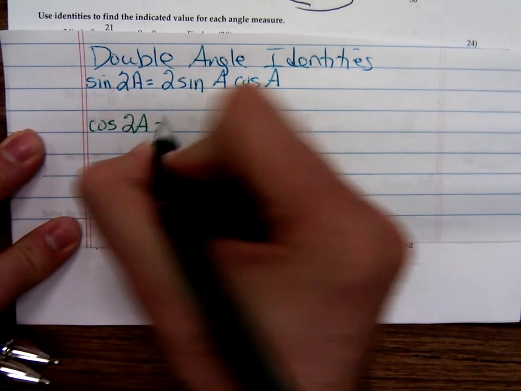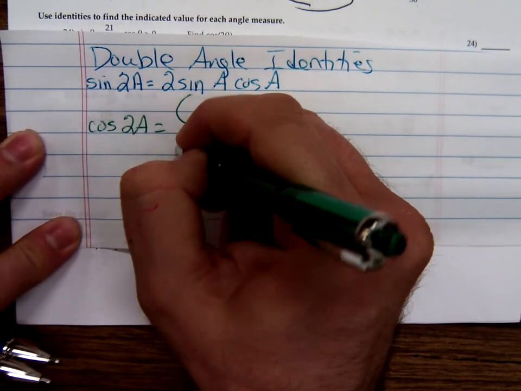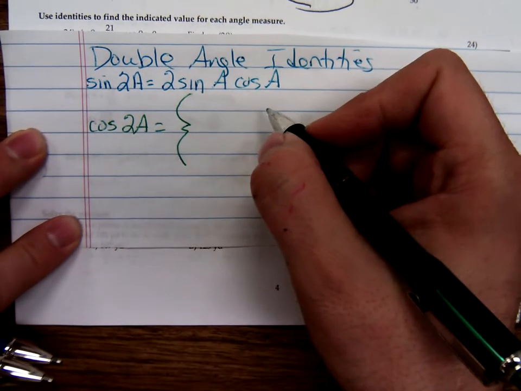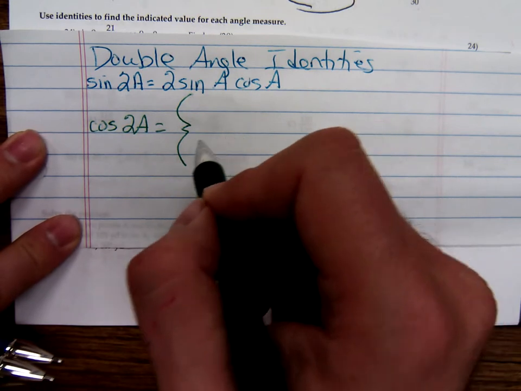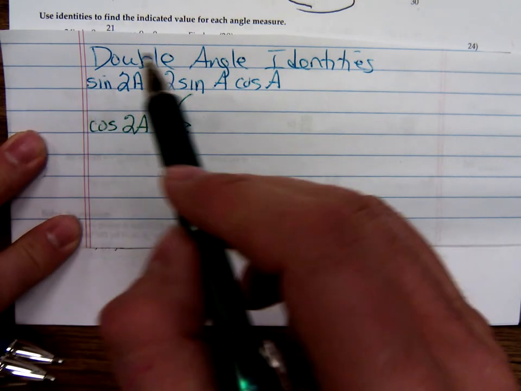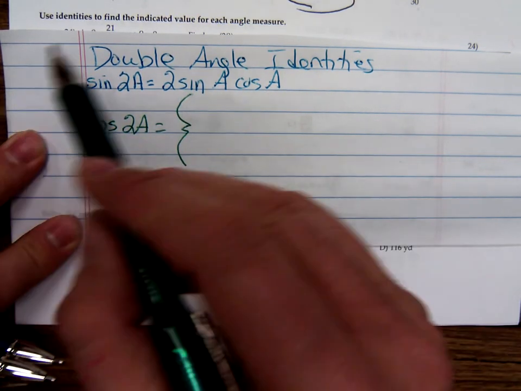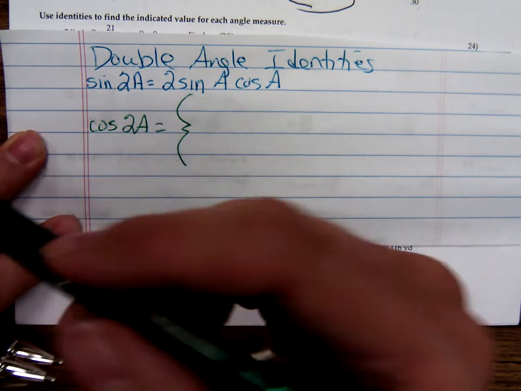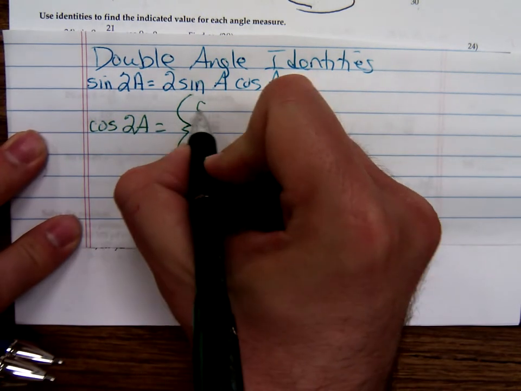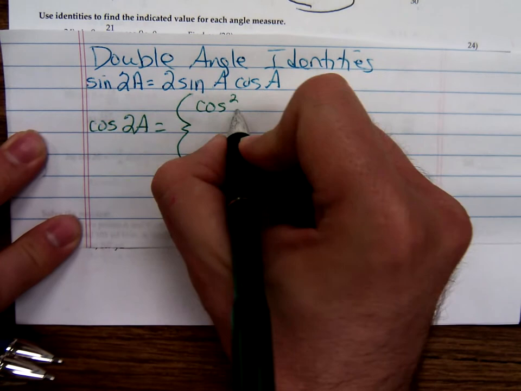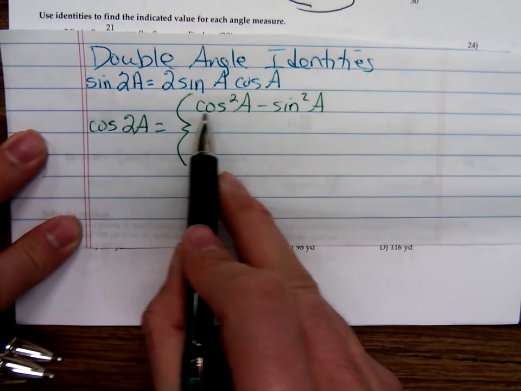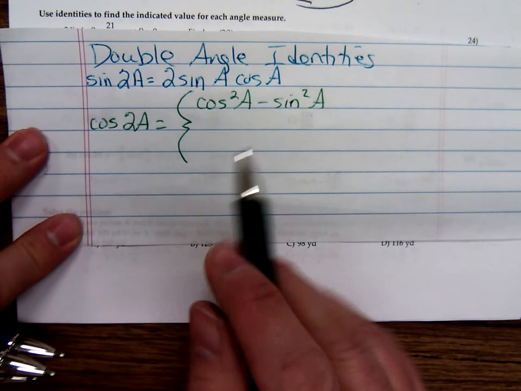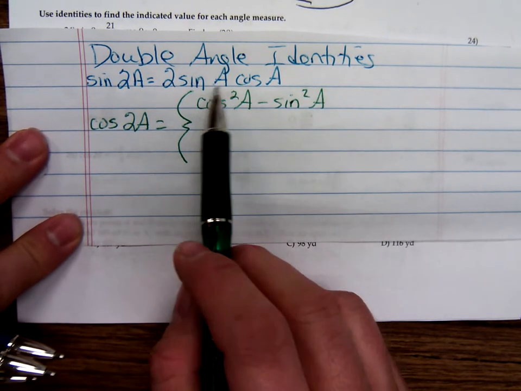The first one is the one you get when you replace: if you go cosine, cosine, sine, sine, instead of using A, B, A, B, if you just go A, cosine A, change sine A, sine A. There's the primary double angle identity. Cosine squared A minus sine squared A. That's the primary one for double angle identity for cosine.